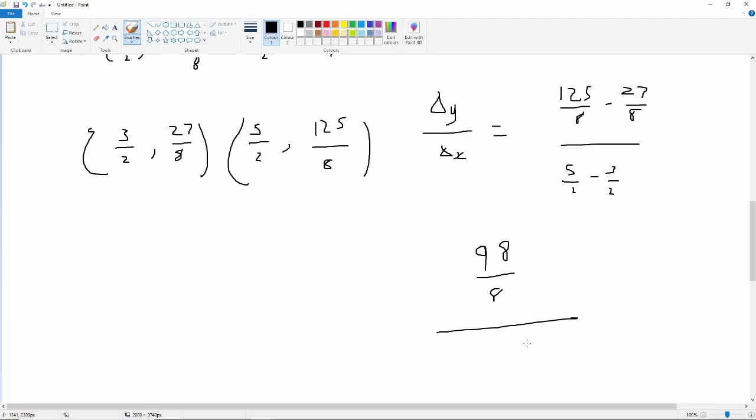Well, that works out nice, so that's divided by 1, so that simplifies to 98 over 8.